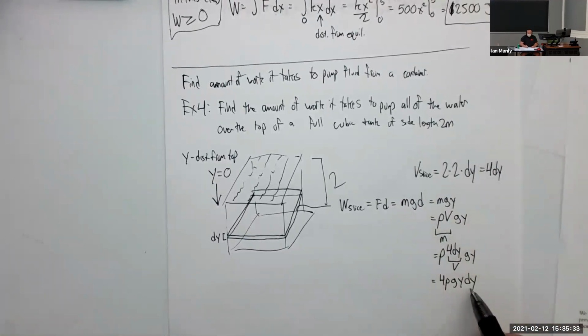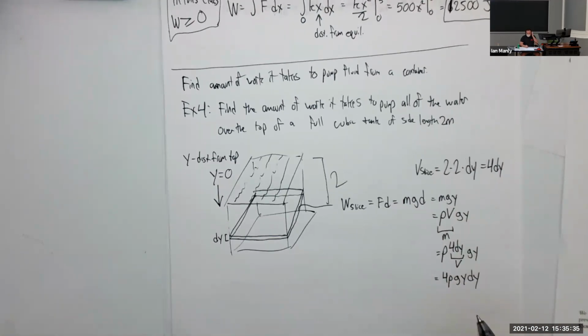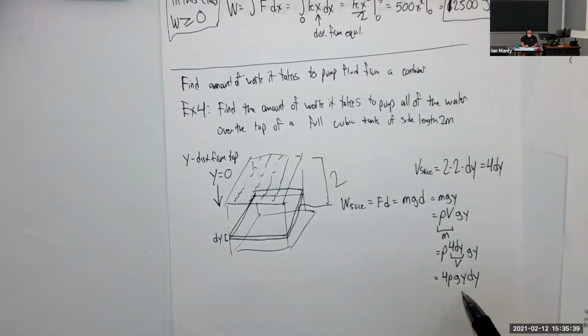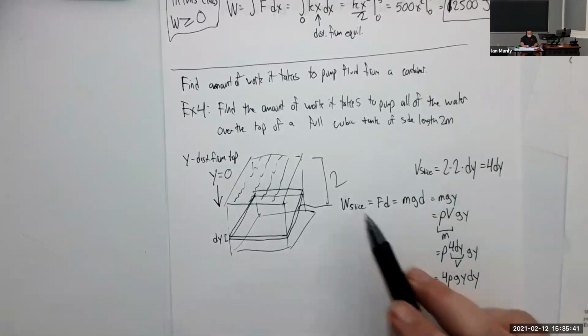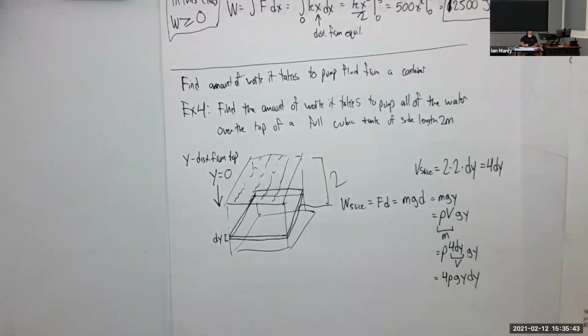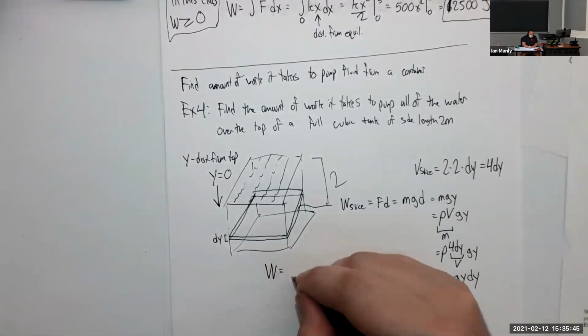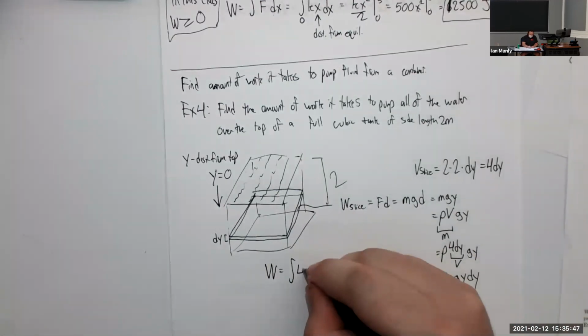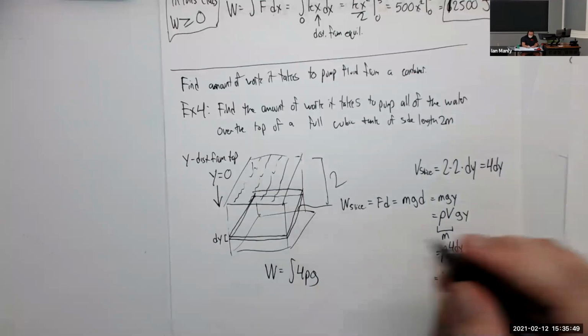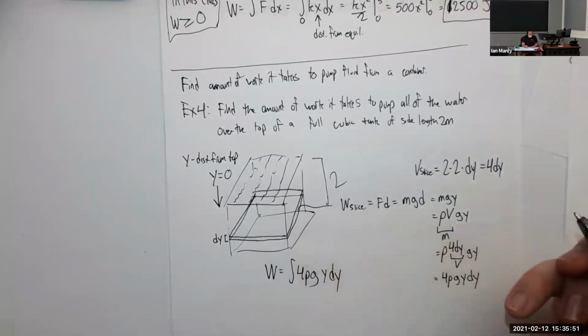Usually we put constants, then the variable, then the differential at the end. All right, now that was the work on one slice of the water. It sounds kind of weird to say that, but that's literally what's going on. So now if we want the total amount of work, we're just going to integrate all of this: 4 rho g y dy.